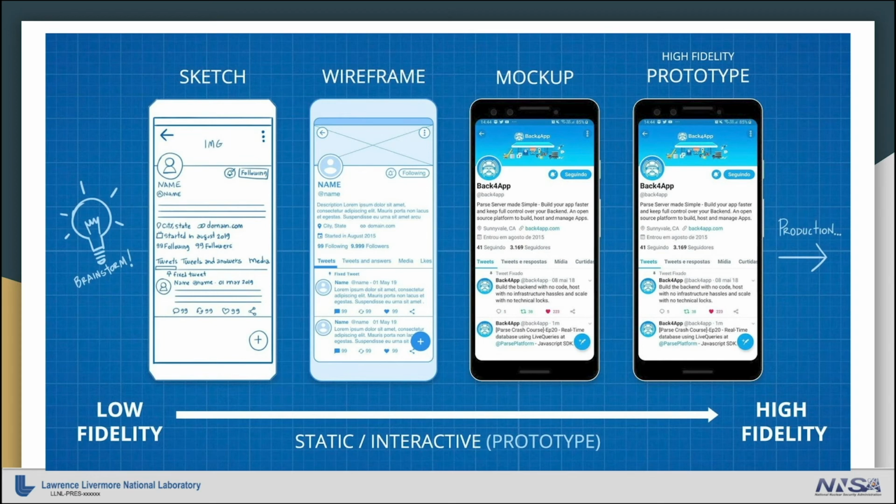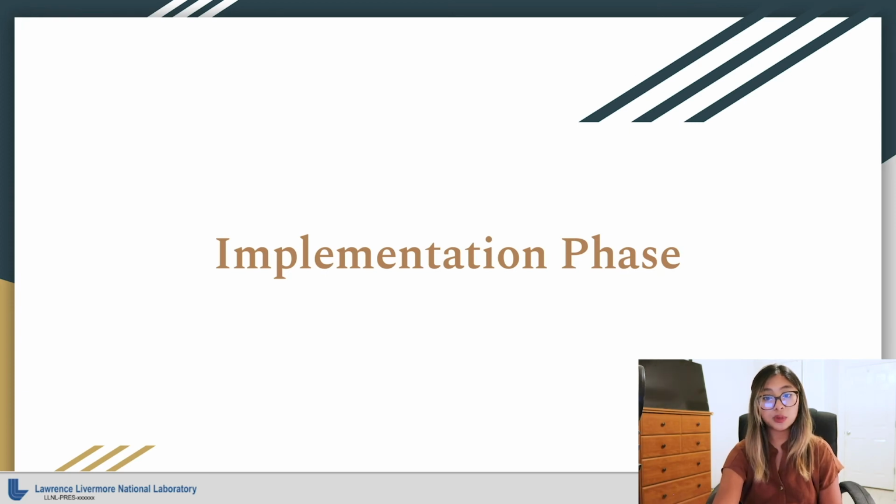And as you validate your sketches, you slowly increase the level of fidelity with each iteration until you get a high fidelity prototype that you can hand off to your developers. This prototype is the closest to what the actual product will look like and will help developers code faster because of the lack of ambiguity. After everything is validated, you can head into the next phase, which is implementation.